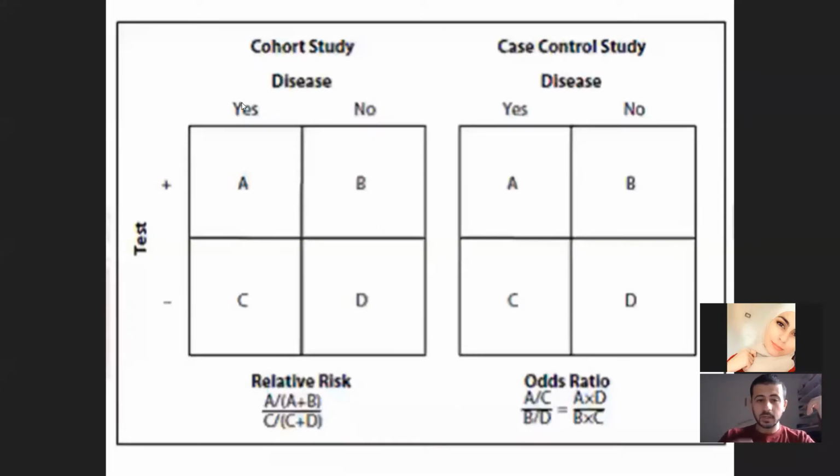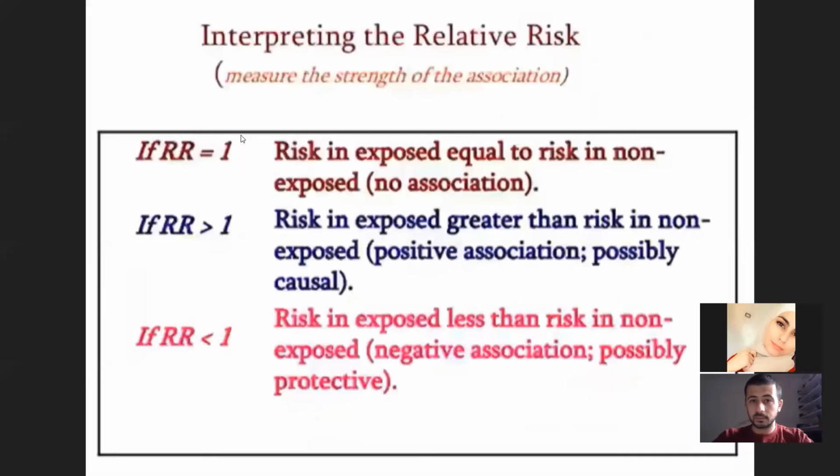Remember that for my example, I said the outcome is a good thing. But when the outcome is mortality, you should consider it the other way around. It's better to have an RR lower than 1 when the outcome is mortality or anything negative. So we should explain RR after we look at the exposure and the outcome.